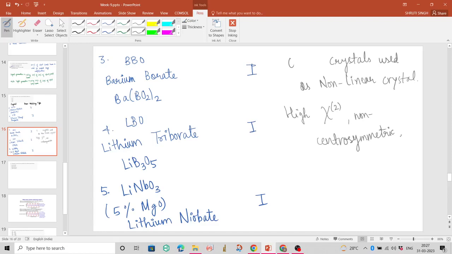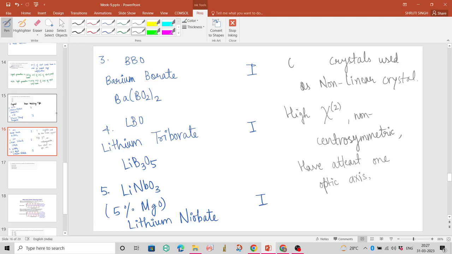It should have at least one optical axis. So there are many more conditions for a crystal to act as a nonlinear crystal. So we have very few restricted crystals which are used in such instruments, and that's why they are costly also.